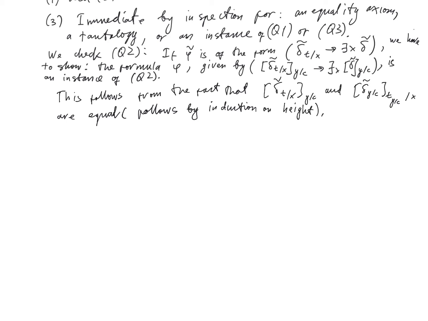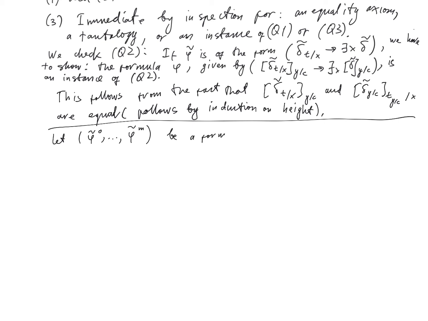Now, having established these claims 1 through 5, assume that we are given a sequence of formulas phi tilde 0 through phi tilde m, which provide a formal proof of the formula psi with c substituting x in the language L union the constant symbol c.